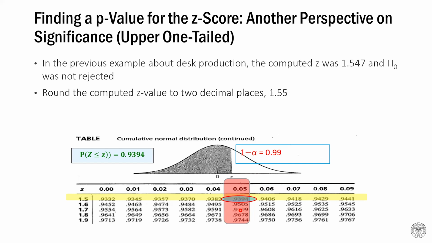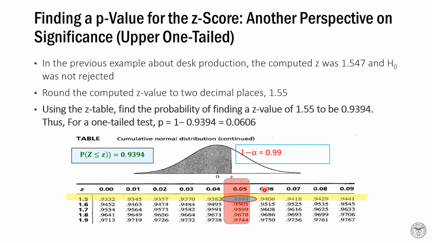Then the p-value is given by 1 minus 0.9394, which is equal to 0.0606.